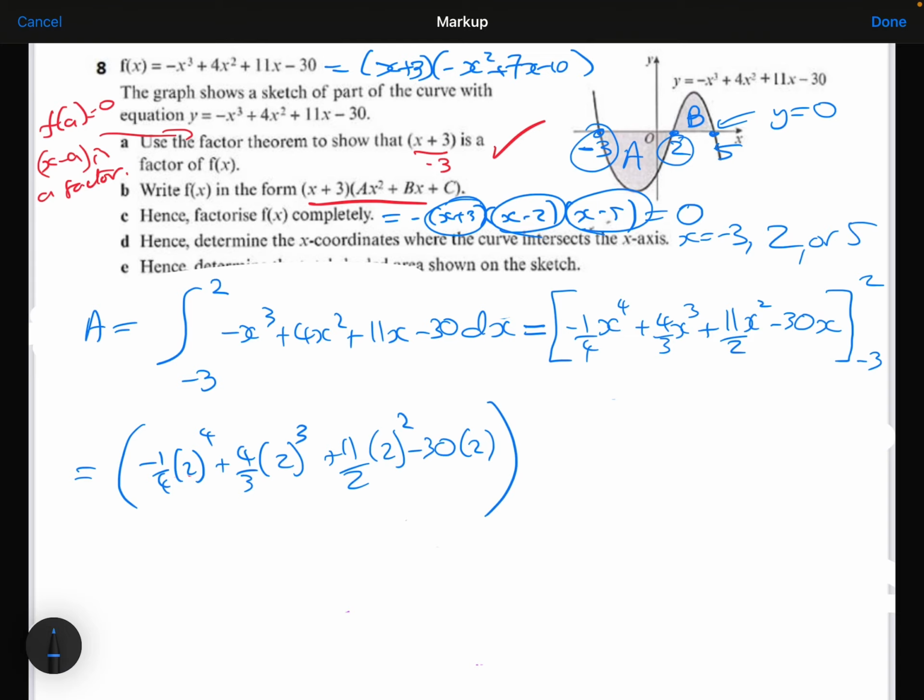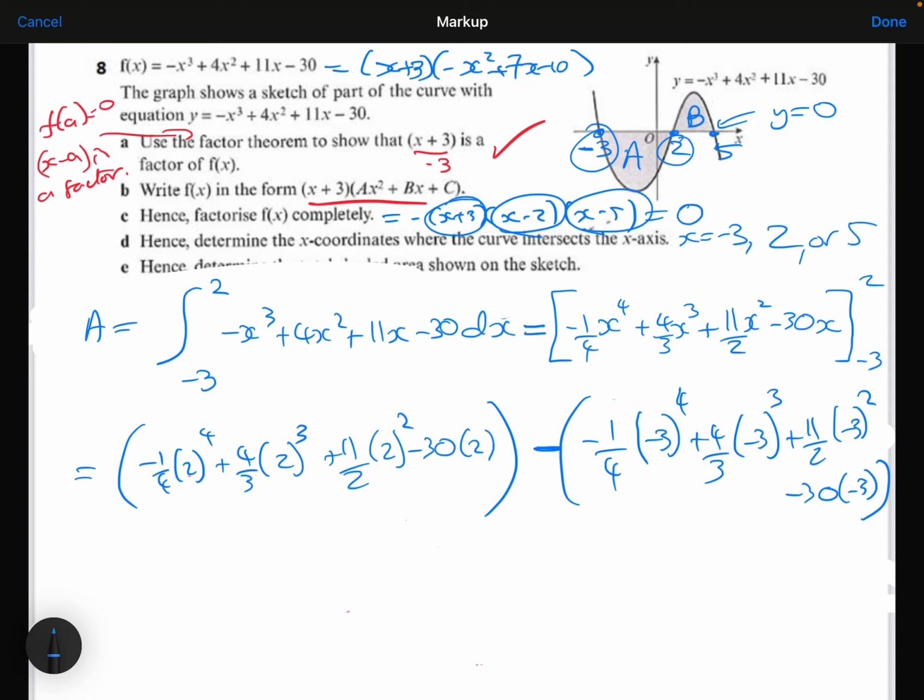So that's substituting the 2 in. I'm then going to take away what happens when I substitute the minus 3 in. So I'll get 1/4 times minus 3 to the power 4, plus 4 over 3, minus 3 to the power 3, plus 11 over 2, minus 3 squared, minus 30 times minus 3.